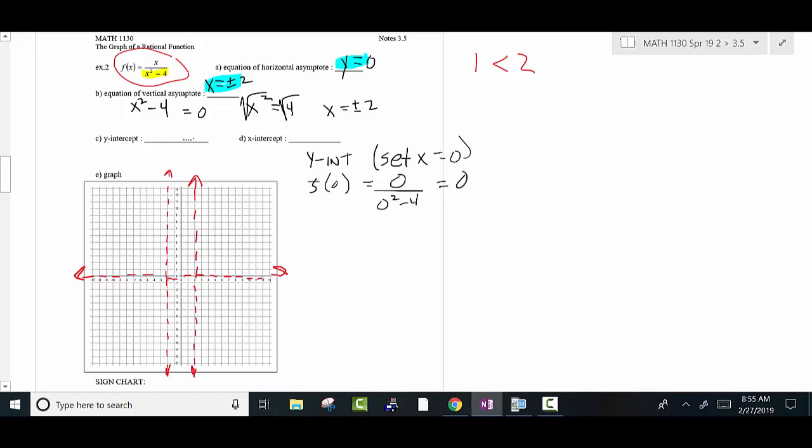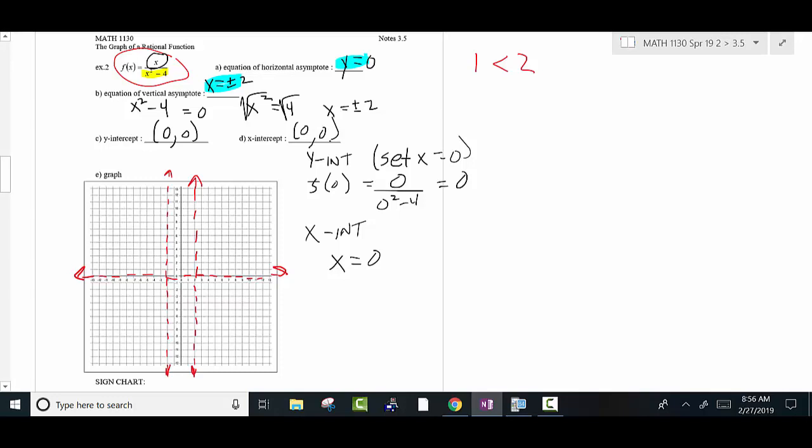Now, one thing I want to mention is if you get 0 as your y-intercept, that's also an x-intercept, isn't it? When you find an x-intercept, all you ever have to do is take the numerator and set it equal to 0. But if you get (0, 0), that's both an x and y intercept at the same time, so they're both the same.